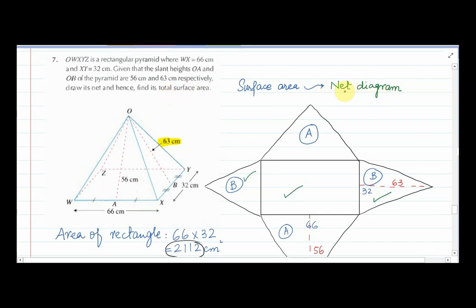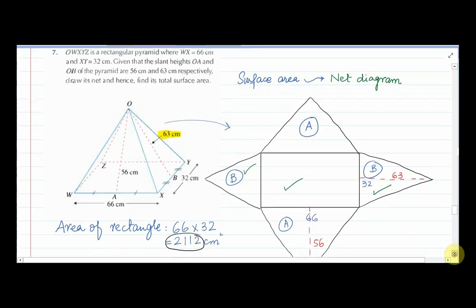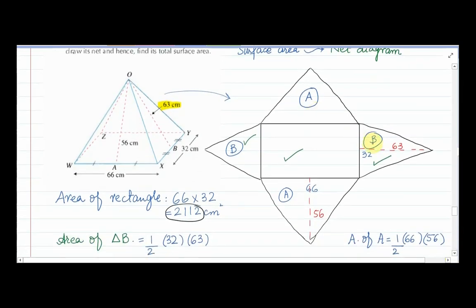Basically, a net diagram is how the pyramid will look if you open it. The pyramid comprises 4 triangles and 1 rectangular base. It may be a square base, it may be a triangular base, right?